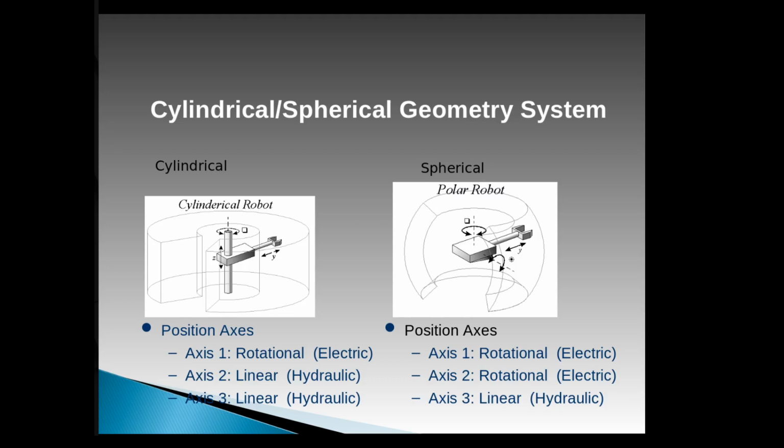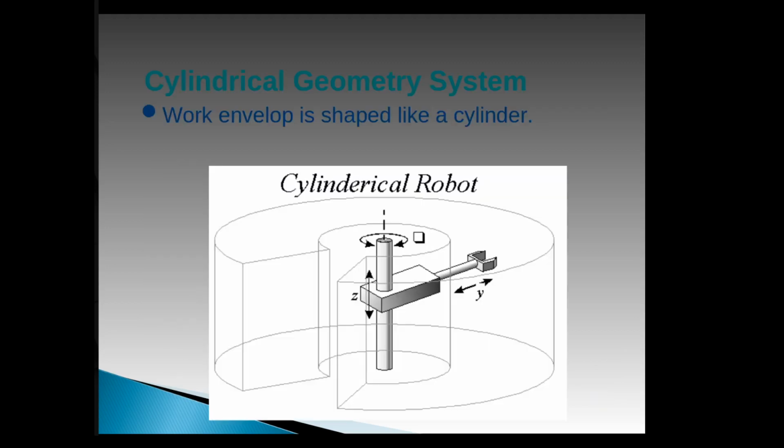The next type is the spherical type. With the spherical type of robot, you have both axes 1 and 2 rotational, but axis 3 is linear. And so this maps out more of a polar sort of shape. So you get rounding as it goes up and down. So that's cylindrical and spherical.